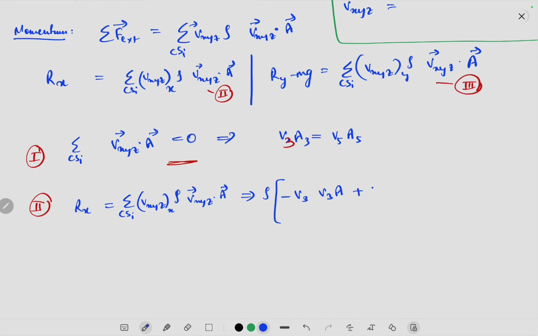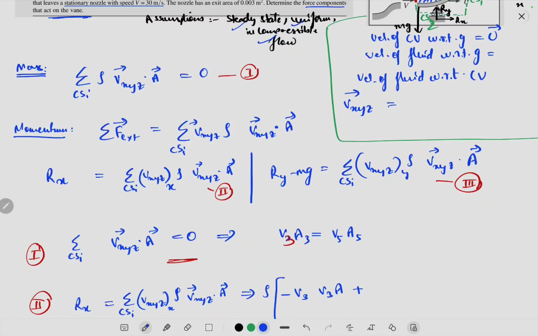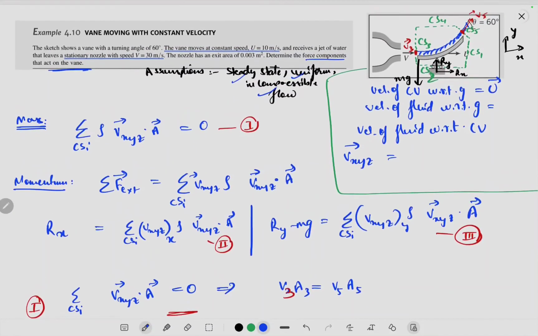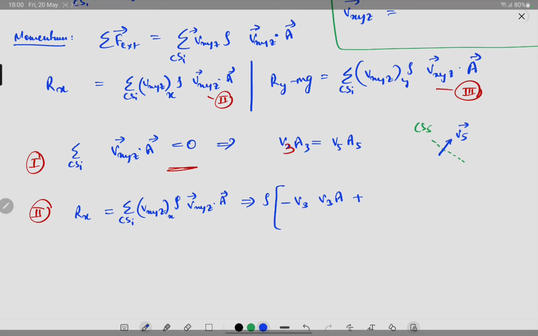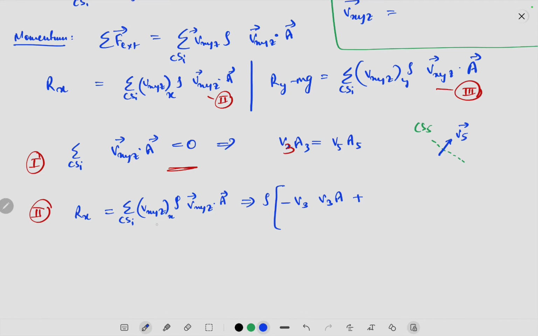Plus V5. Let's see here. So on this surface, let me just draw it again. This is your CS5. The velocity V5 is like this. I am considering velocity along x-axis only, so I have to resolve this V5 along x and y.